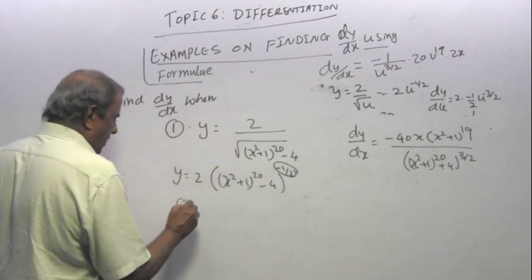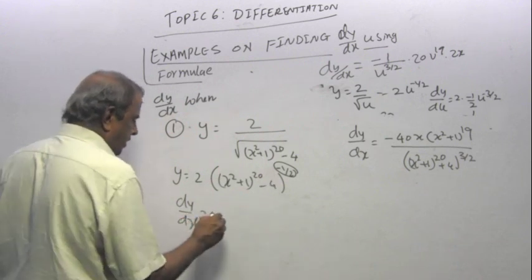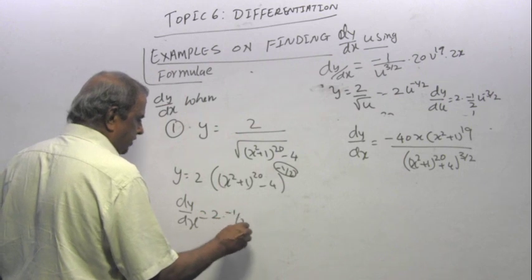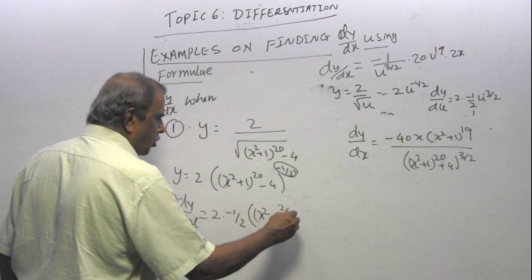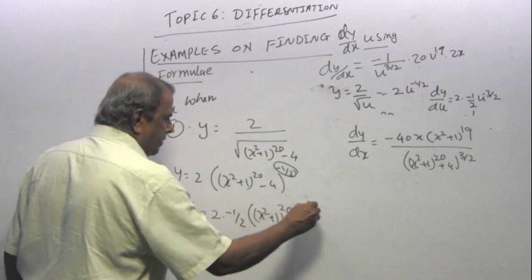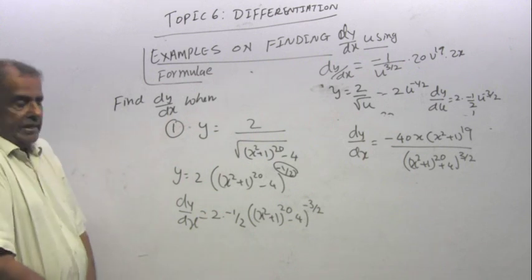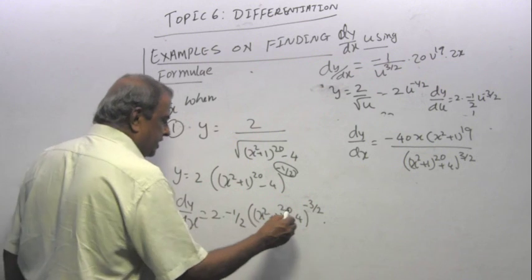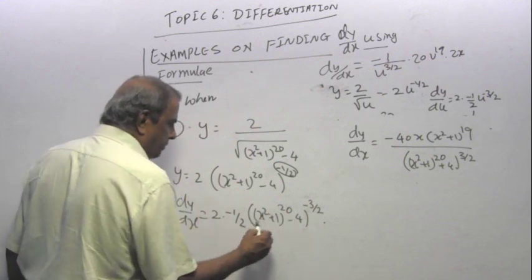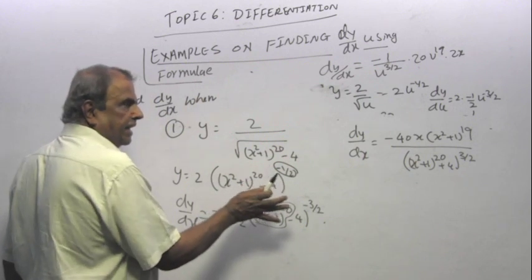So, dy by dx equals, let us differentiate the minus half. So 2 times minus half times whatever you have inside the inner core, the next layer remains the same. Okay, I did that. Now I am differentiating this. The x squared plus 1 is another layer.